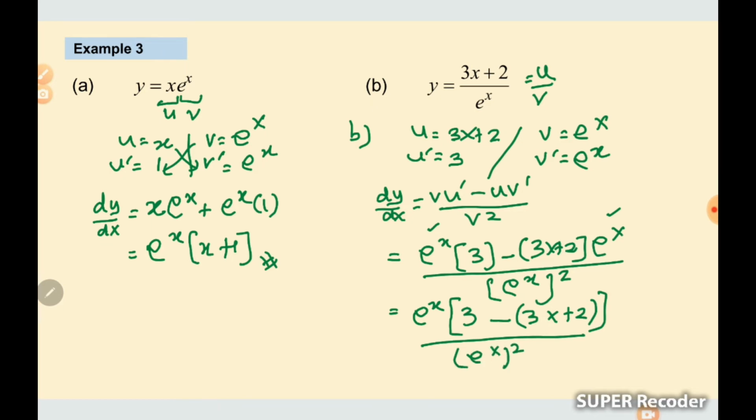So you simplify, e to the power of x divided by e to the power of x, you can cancel out. So 3 minus 3x, minus 2, is 1. So 1 minus 3x over e to the power of x. Okay, so this is the simplest form.